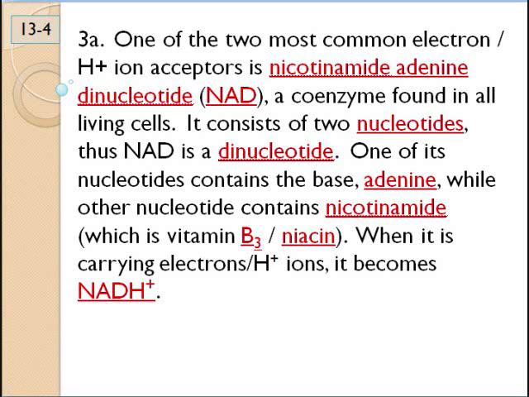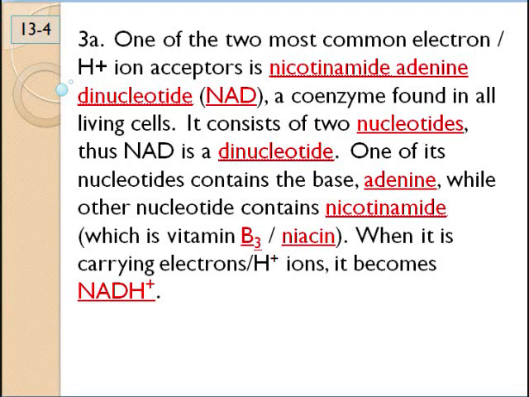Now, if you look carefully, I've got two nucleotides. That's from this word here. Adenine is a base. They're bases, okay? Now, one of the nucleotides is this thing, which is actually niacin. Vitamin. That's why vitamins are good for you. You need vitamins, right? That's the reason.